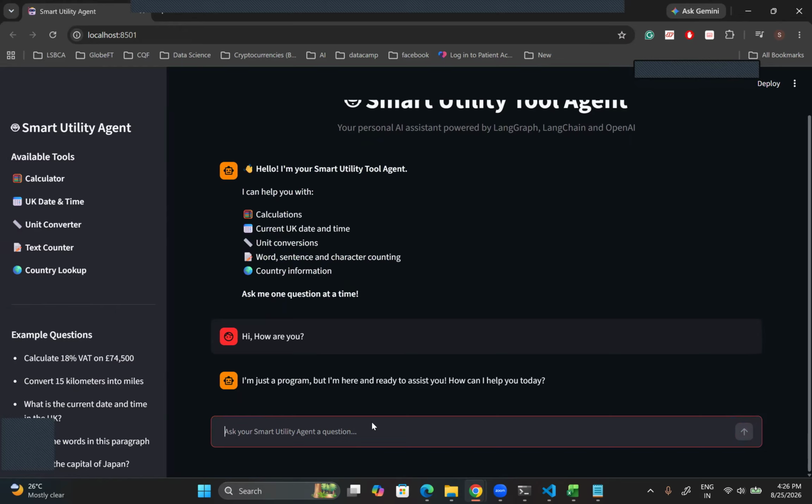It is not calling any of those tools: the calculator, current UK datetime, unit conversion, sentence or word counters, or country information. It is giving me a direct answer. Now let me write something: calculate 20% VAT on 80,000.